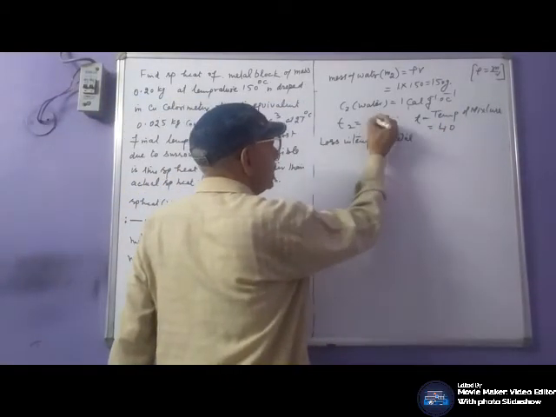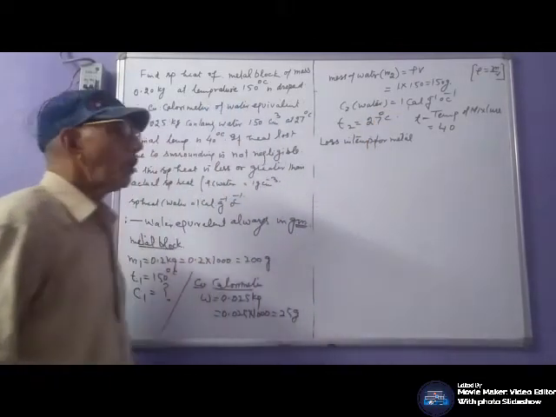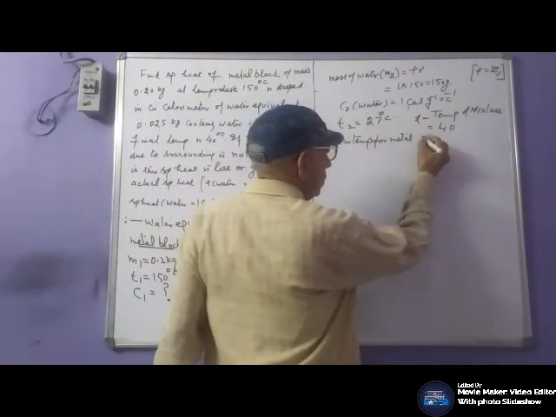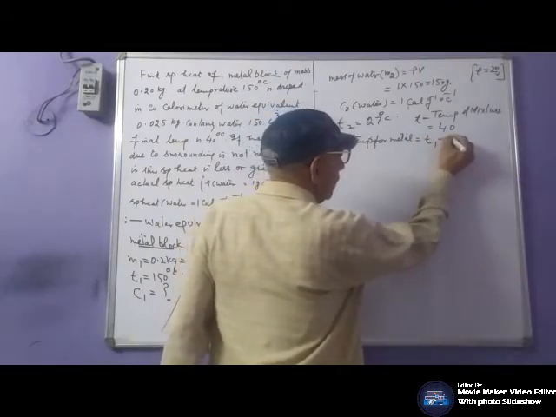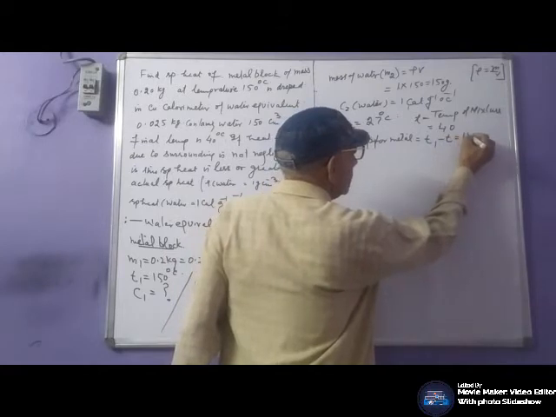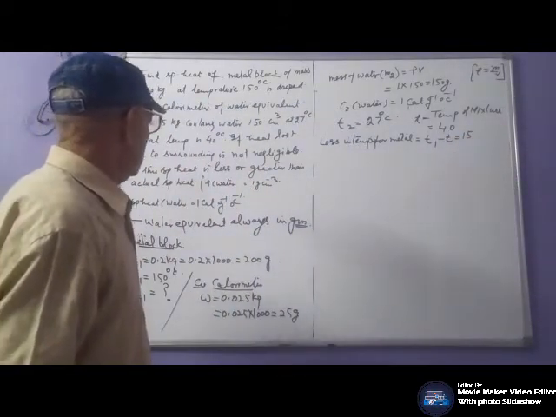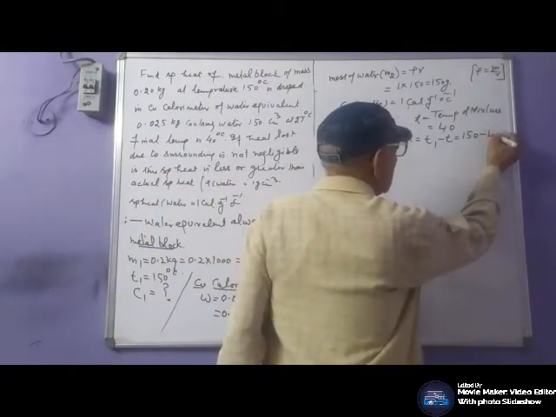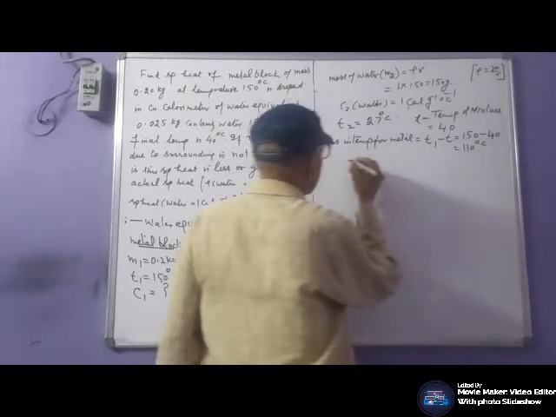The initial temperature of water and calorimeter is 27. Loss in temperature of metal is T1 minus T, which is 150 minus 40, 110 degrees Celsius.